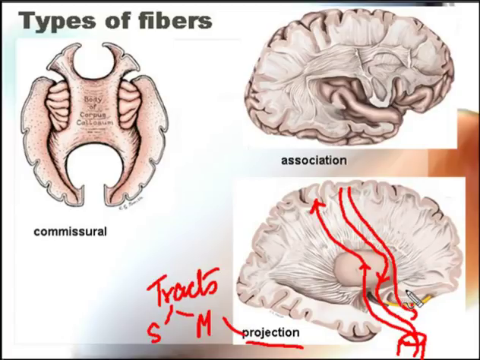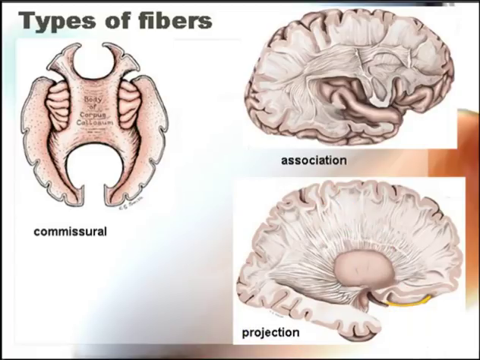That's why these are known as projection fibers. And as these fibers pass down or go up, they travel through that region which is known as the internal capsule, where they are very closely packed, and then when they spread out as they are going to or coming from the cortex, that area is known as the corona radiata.